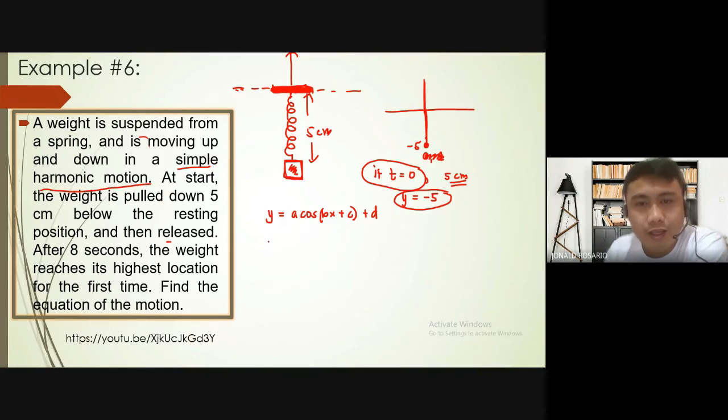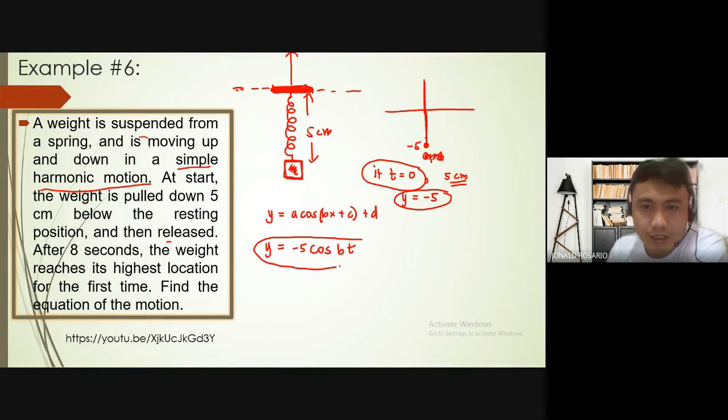So meaning, if we're going to use this equation, y is equal to, our a is -5 cosine, of course, depending on the value of our b and the time. So this is our equation, kasi ang ating domain dito ay yung time. Nasingit yung b kasi nakadepende rin yan sa period later on.